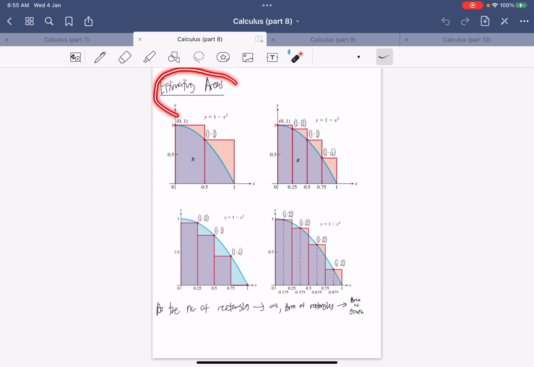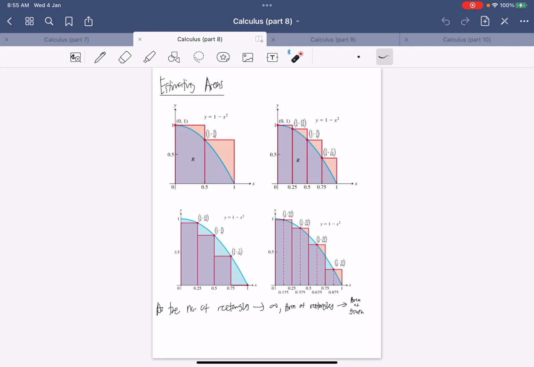So let's say we want to estimate an area. If we have a graph and we don't know how to find the area under it, what mathematicians did in the past is use rectangles to approximate the area.